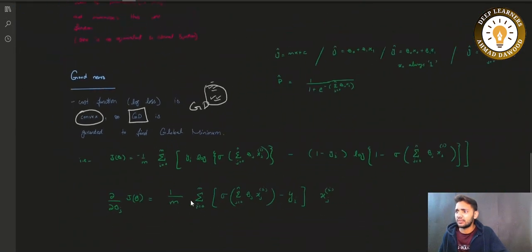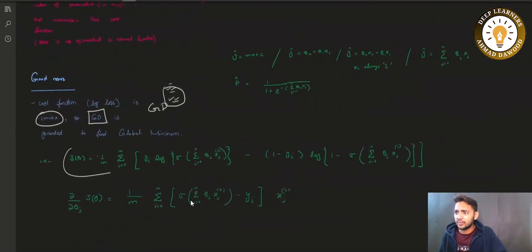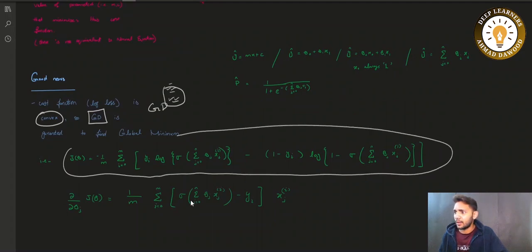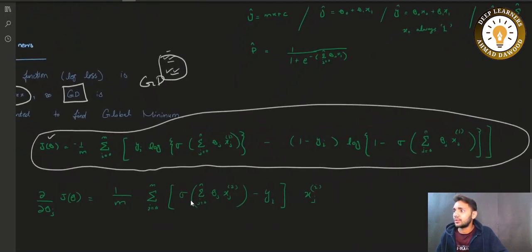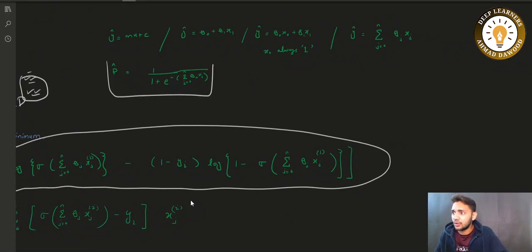For example, here I have written that cost function in the form of theta. You can also write the equation of the logistic regressor in that way: p cap is equal to 1 over 1 plus e raised to the power minus the sum over j from 0 up to n of theta j x j.